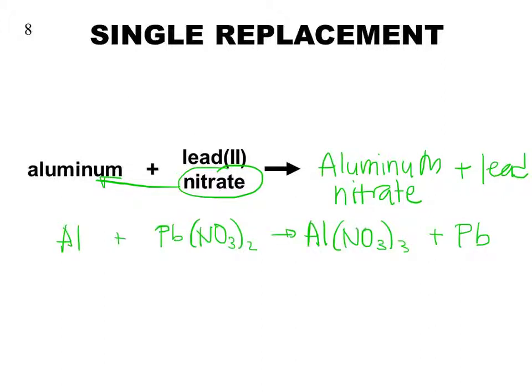You end up with aluminum plus lead 2 nitrate yields aluminum nitrate plus lead. Now, this isn't done. We still have to write a balanced equation, and you should end up with 2 aluminum, 3 lead 2 nitrates, and yields 2 aluminum nitrate and 3 lead.